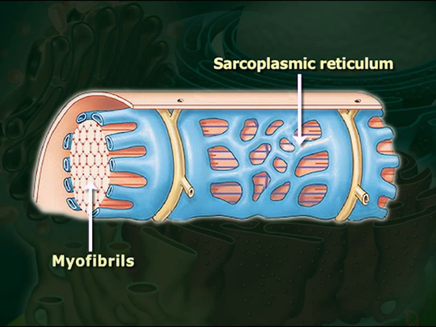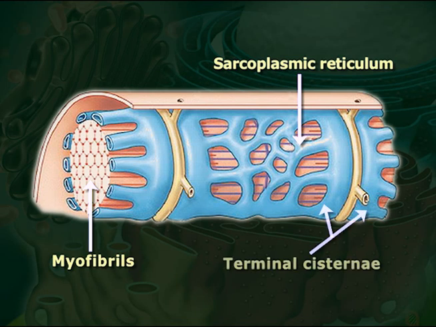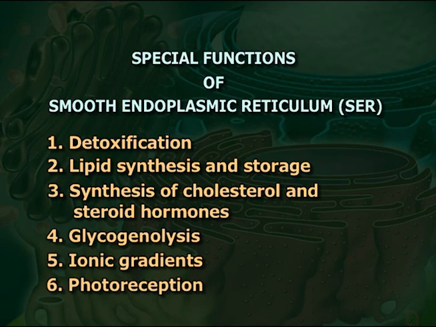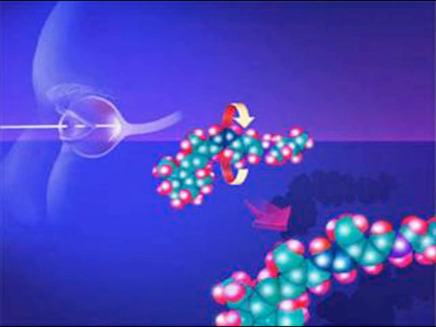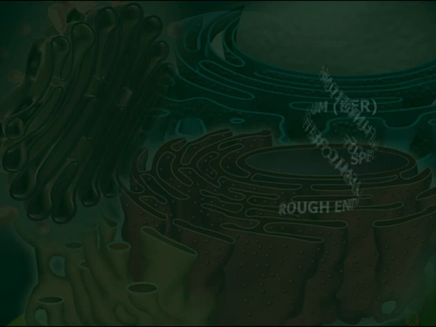The longitudinal sarcoplasmic tubules form terminal cisternae. Photoreception. The myeloid bodies in the pigment cells of the retina are modified SER. It is made up of a number of tubules packed over one another. Myeloid bodies are involved in photoreception.